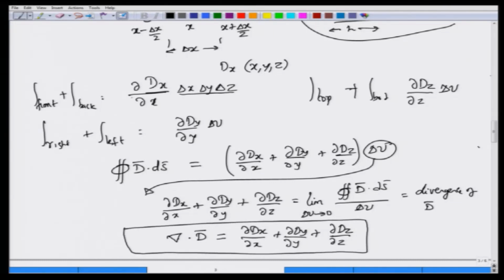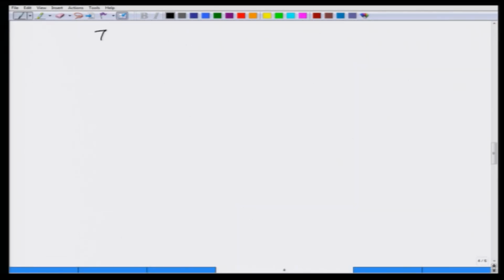If you are not seeing why this has to be, you need to recall what that gradient operator del represented. Del was x hat del by del x plus y hat del by del y plus z hat del by del z. This was an operator which we saw in gradient time as well, when we were looking at electric field as a gradient of potential.